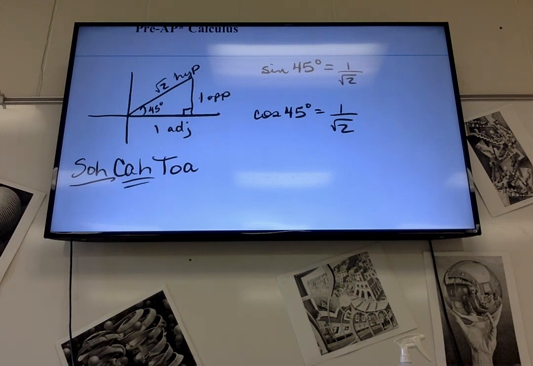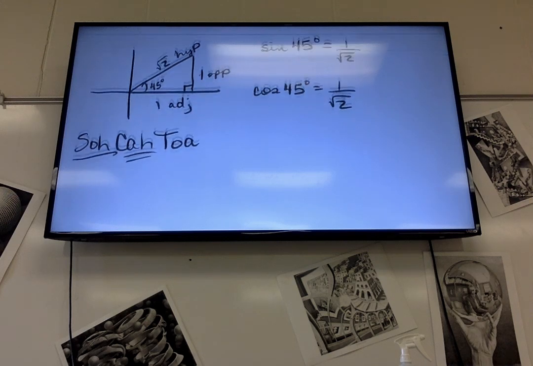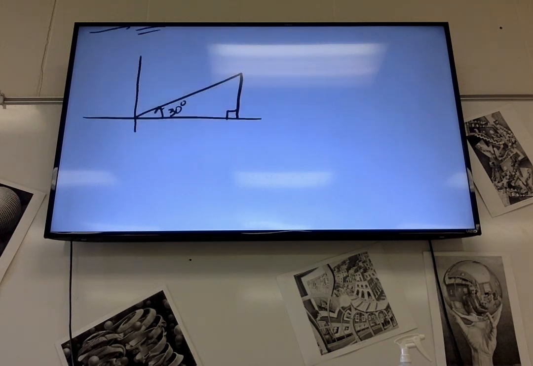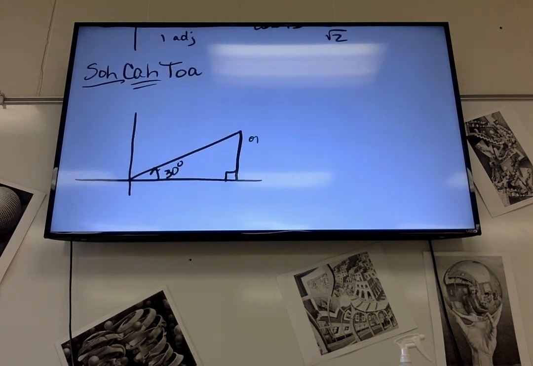Okay, we also need sine and cosine of 30-degree angles. So let's look at that real quick. Okay, so the side across from the 30 is what? 1.